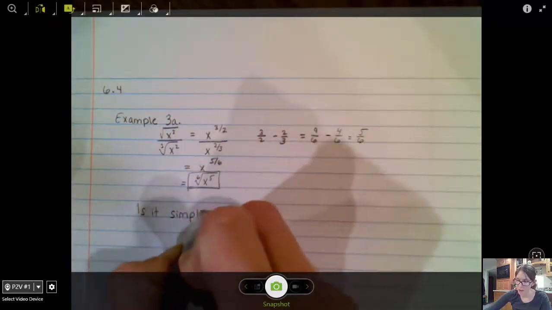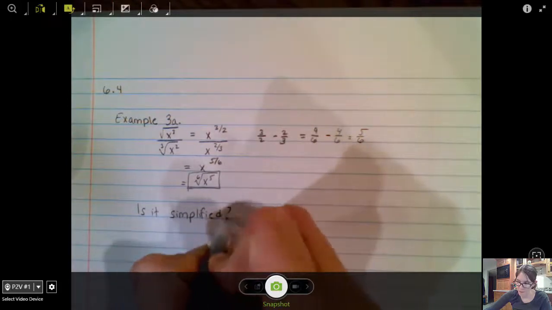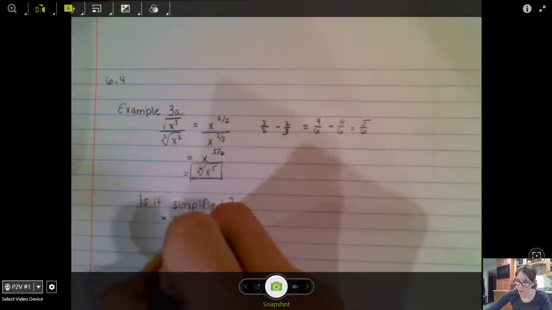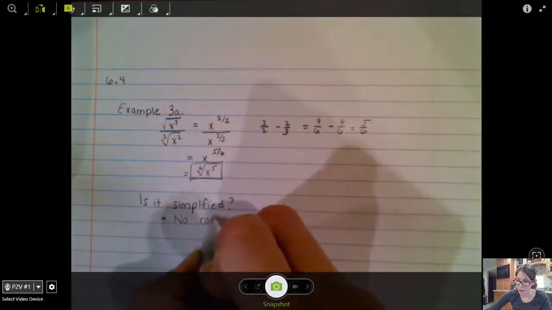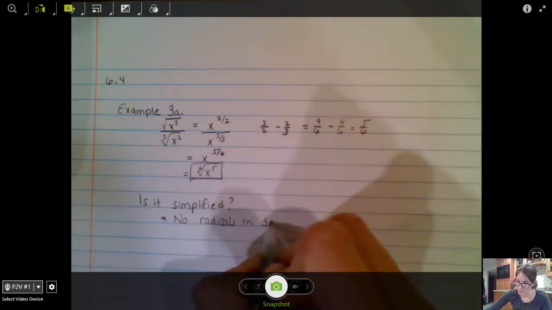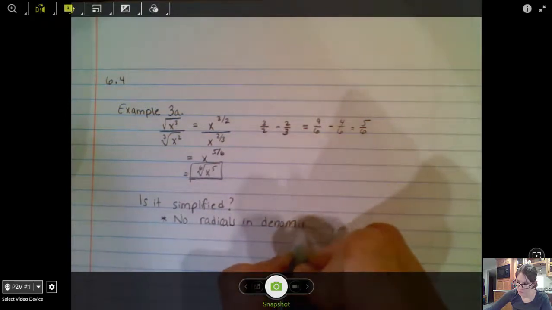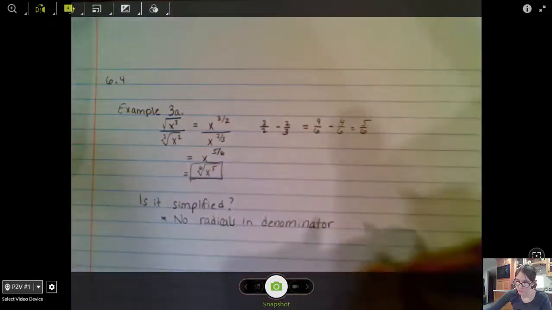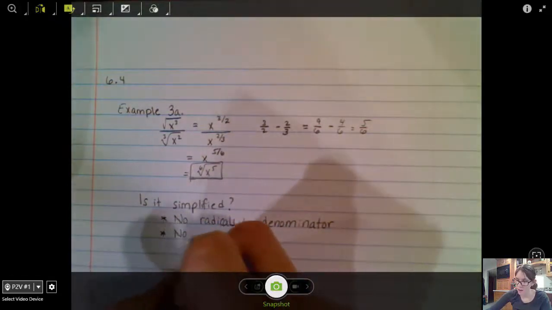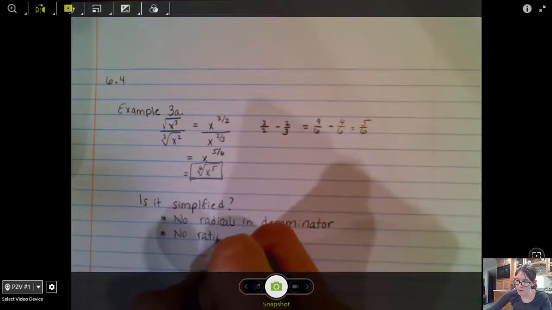If you're wondering, is it simplified all the way? Here are 3 things that we want to make sure are true. We don't want any radicals in the denominator. We don't want any rational exponents.